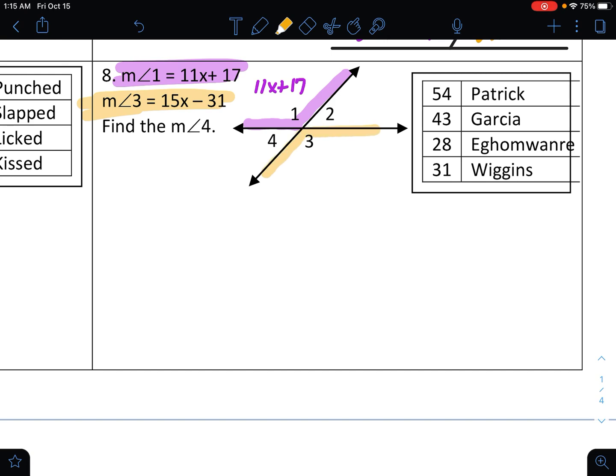Okay, well, this is obviously a vertical angle. So these are vertical angles. Which means part equals part.